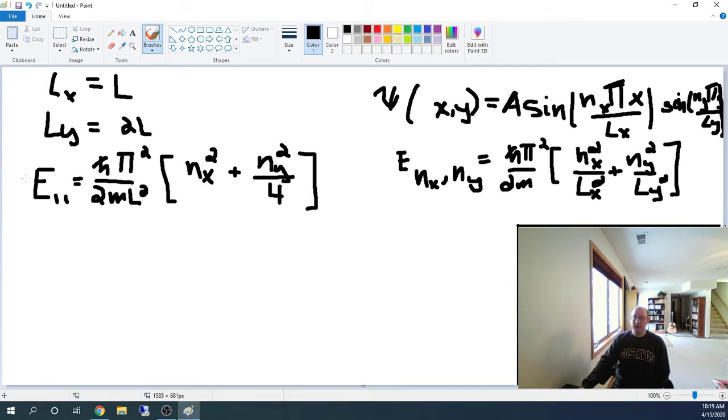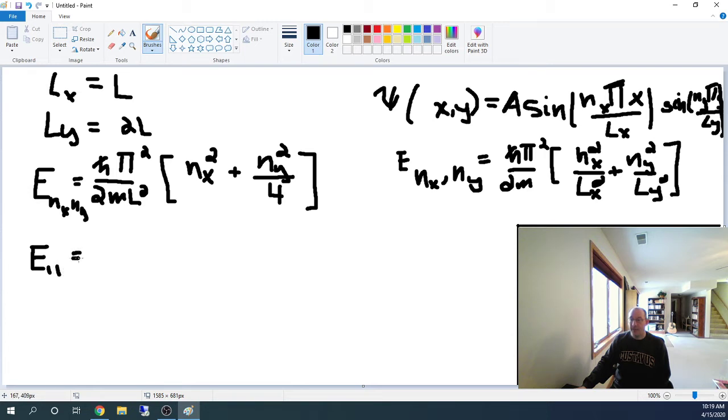So that's the general energy, E of n x and n y. Those are the possible energies that we're going to get. Now, what's the lowest one? The lowest one happens when both of the n's are equal to 1, so the lowest energy will be E11.